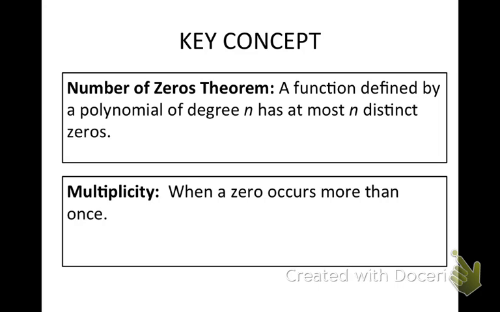So maybe it's a cubic polynomial, meaning the degree is 3, but if you graphed it, it may only have 2 x-intercepts. So maybe it's only crossing the x-axis twice. Well, if it's a degree of 3, that means it needs to have 3 zeros. So that means maybe there is one of those zeros occurring twice.